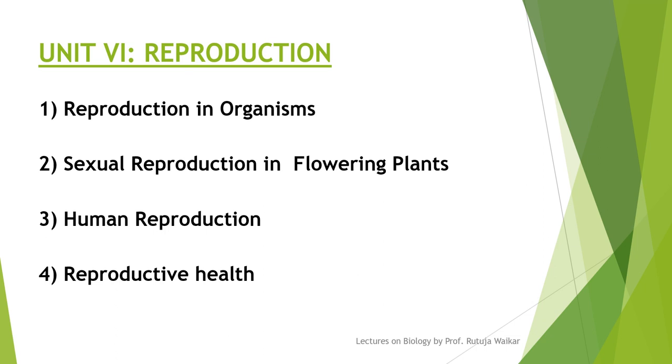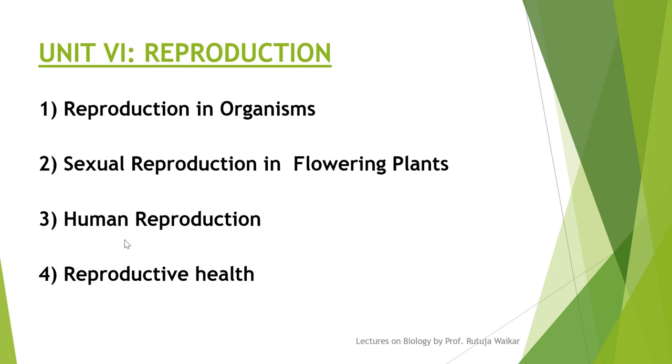Also you have to study the significance of seed dispersal and fruit formation, all from root to fruit. In angiosperms, reproduction is carried out in both ways, asexual and sexual. From that, we have to study the sexual reproduction in flowering plants.